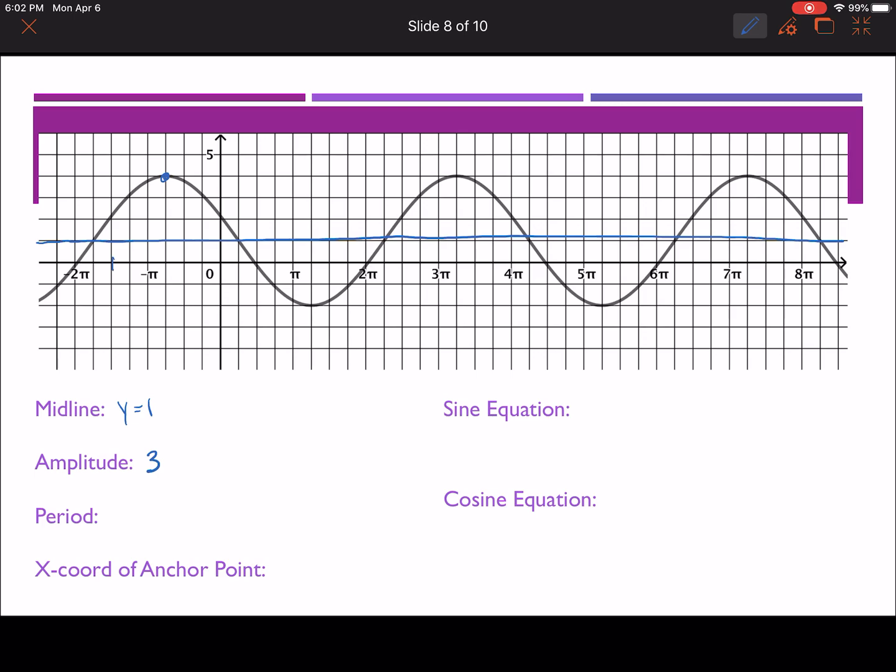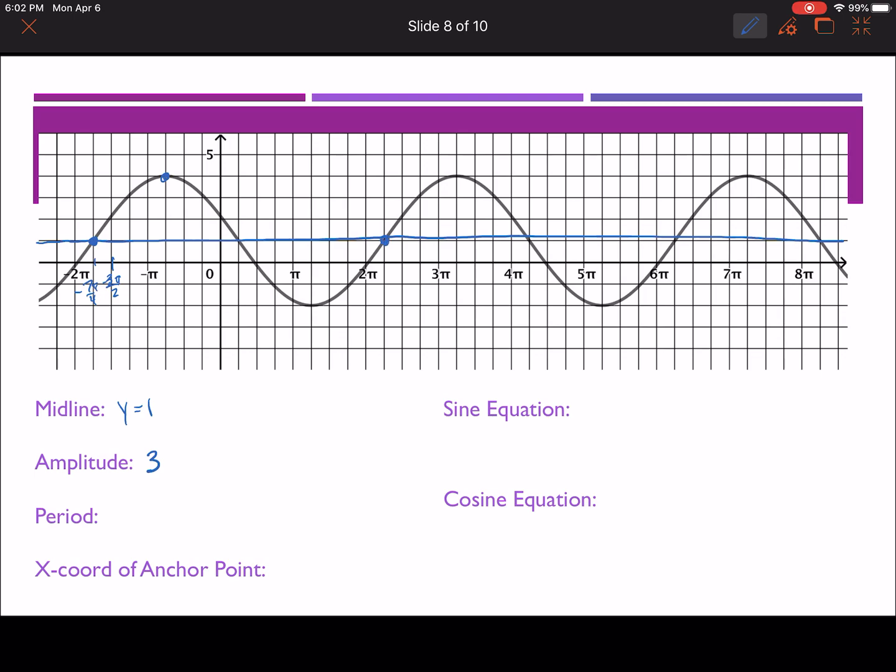This is going to be 3 pi halves. So what's halfway between those two things? Nope, 7 pi fourths. 7 pi fourths here, because that's 6 pi fourths, 5 pi fourths, 4 pi fourths. Yep, okay. Negative 7 pi fourths.